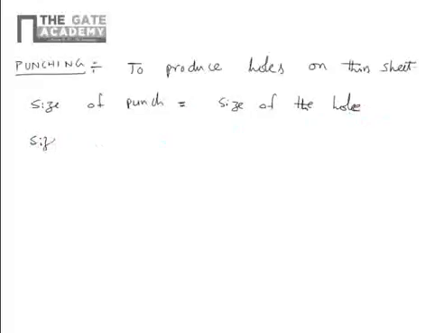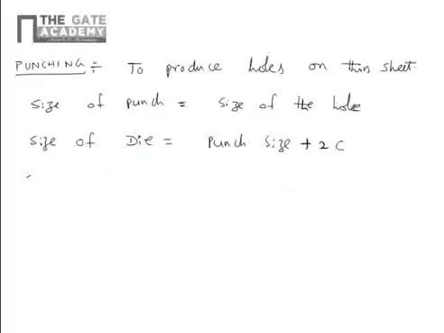Size of the die equals punch size plus, because we have discussed that die size is always greater than punch size, plus 2 into clearance. C is clearance. Why 2? On both sides.